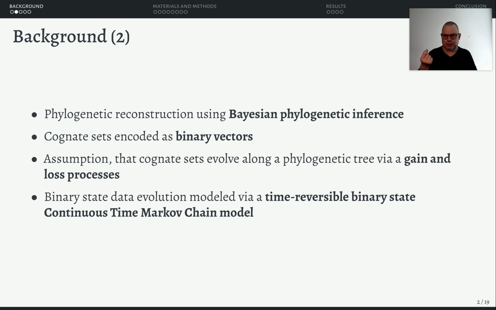And then for each cognate class we can construct a binary vector over the languages under consideration, where one means presence and 0 means absence. The modeling assumption is that gaining or losing a cognate class are random processes which happen along the history of language, and this is modeled via a continuous time Markov chain model.